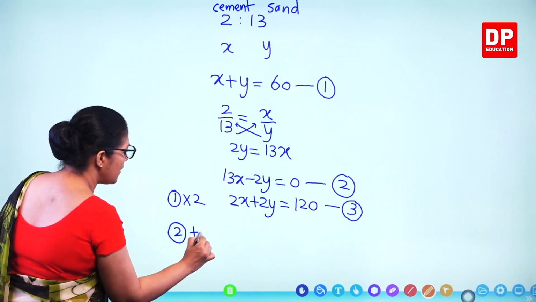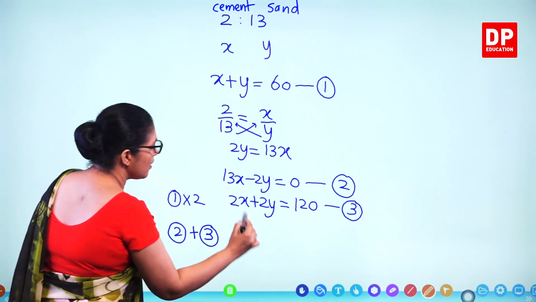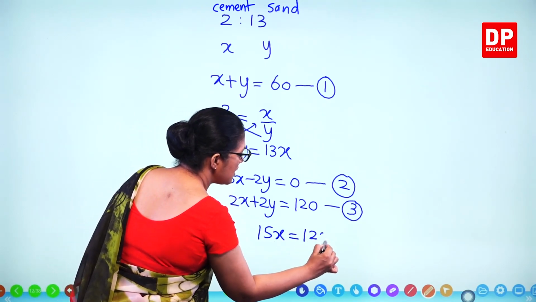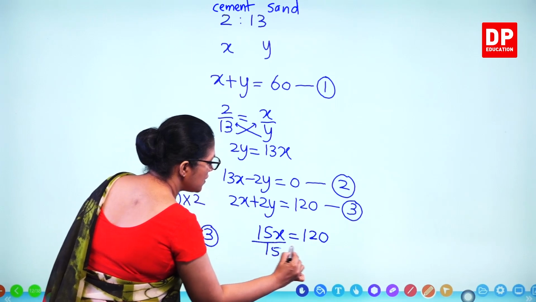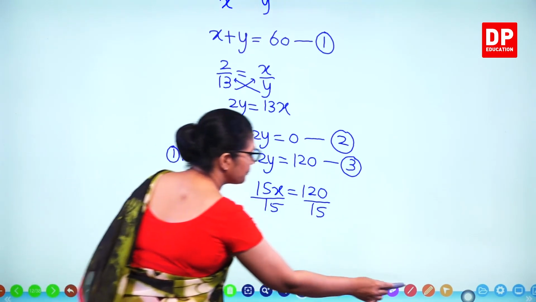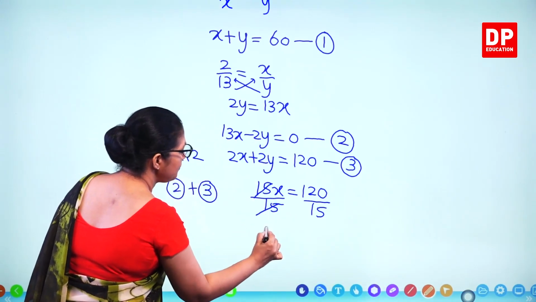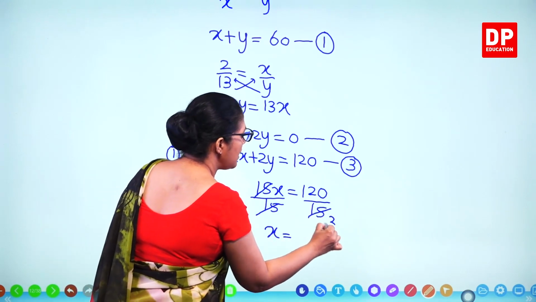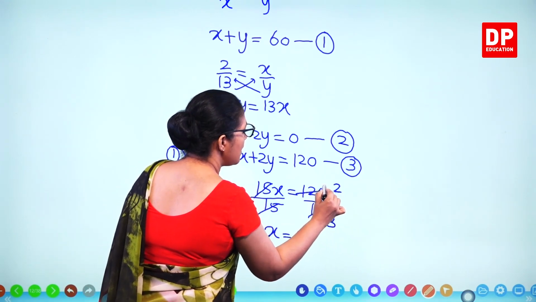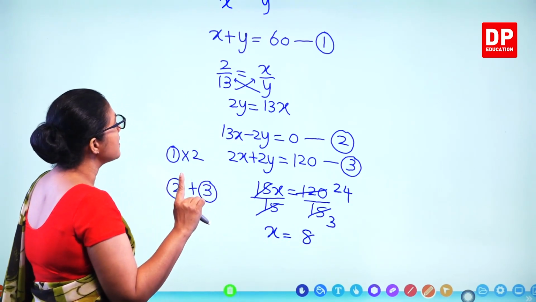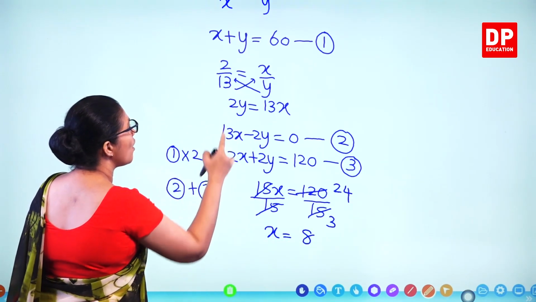Add 2 and 3. 13 plus 2, 15. 15X equals 120. Divide by 15, you get the X value. X is 8.